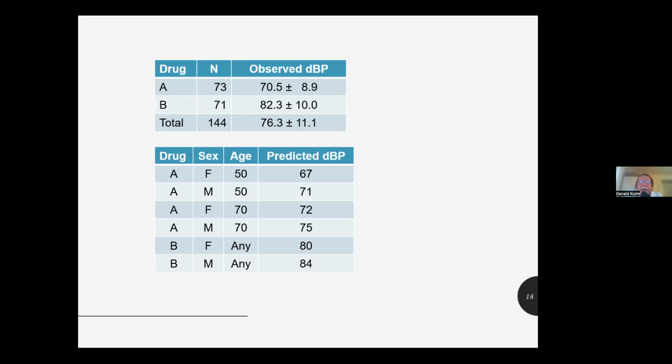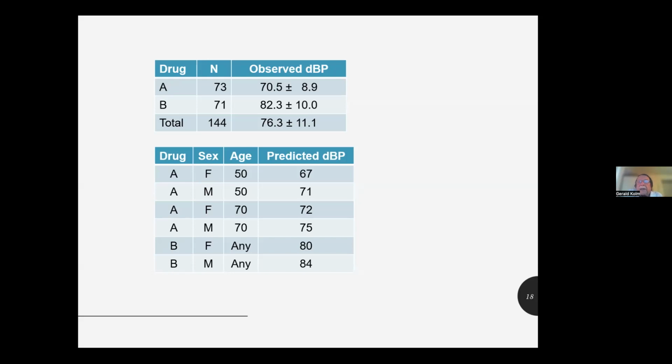When you have the drug by age interaction, oftentimes age is left in the model, but you don't have to, because it's accounted for in the interaction term. Now we do need to keep sex in the model, but when you're looking at interaction terms, we typically don't need to include, in this case, age in the model, but we could.